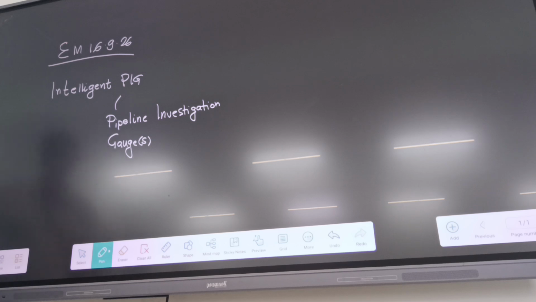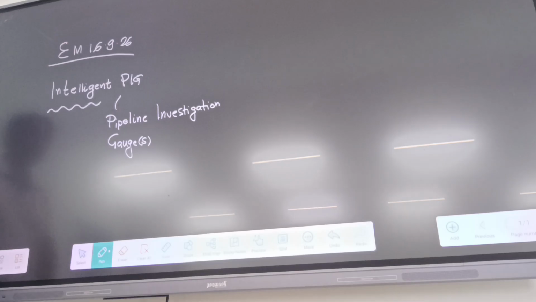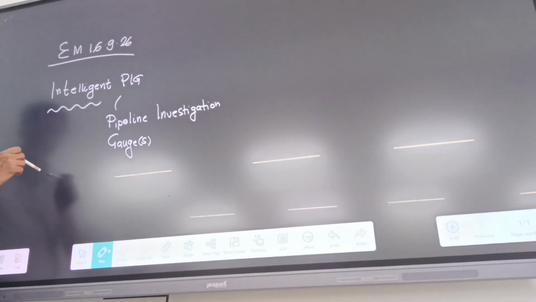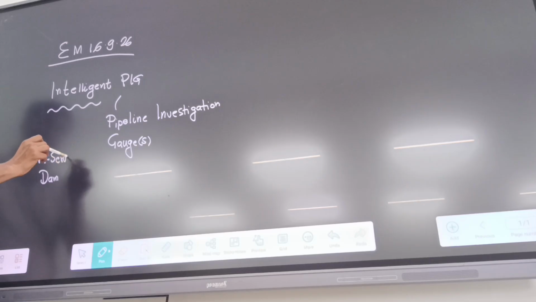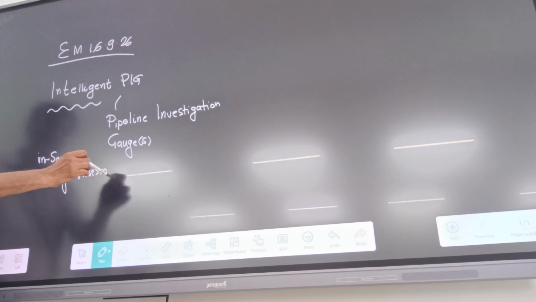By calling it intelligent, what we are trying to do is perform a damage assessment in service on that part.